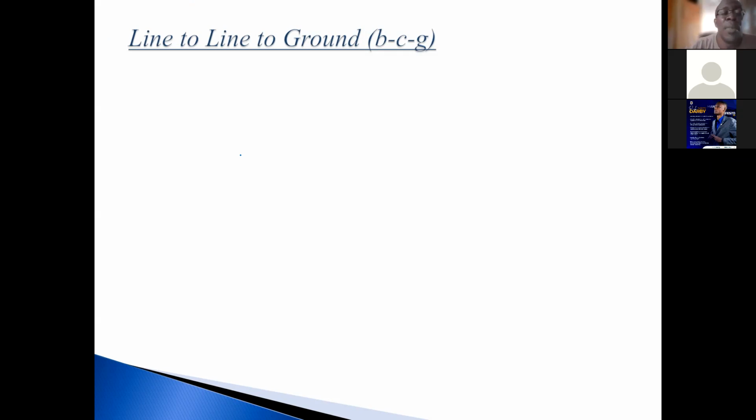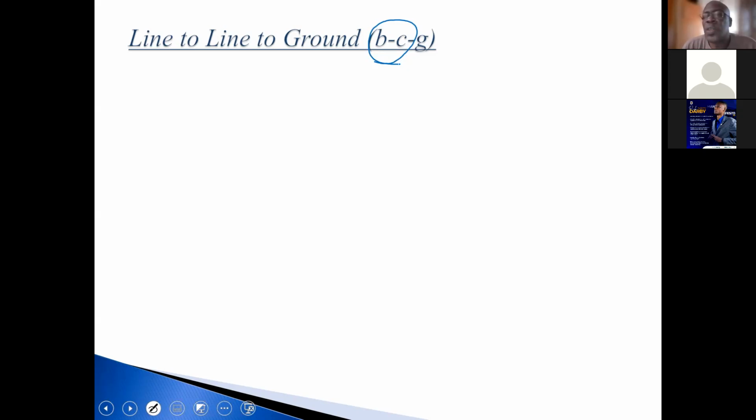All right? Okay, so we do a similar analysis. First thing we want to do is to look at the boundary condition. For the line to line to ground, the assumption is that B and C are in contact with ground. So it's a B to C to ground.